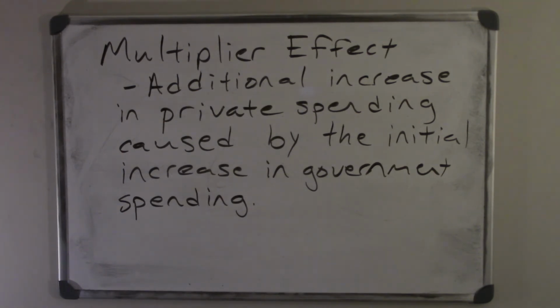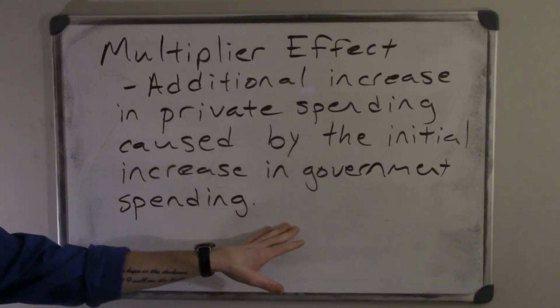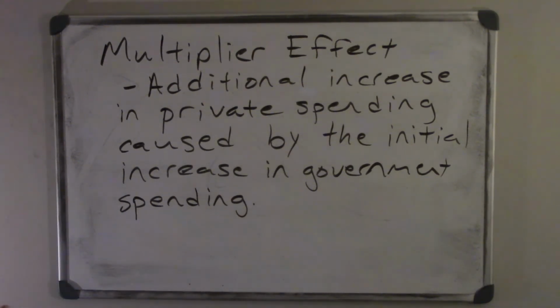All right, so in the next video, we're going to look at the graphical part of this, but for now, let's just talk about how this happens. So how does increasing government spending lead to an increase in private spending? Well, the idea here is that when the government decides to build this dam, they bring in these workers, they bring in these materials.